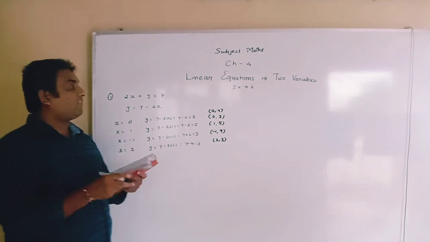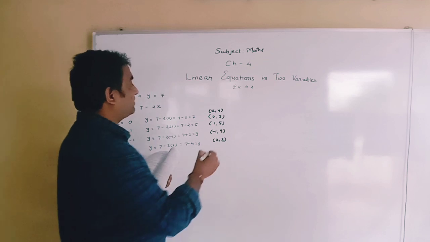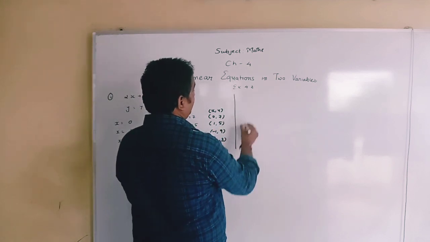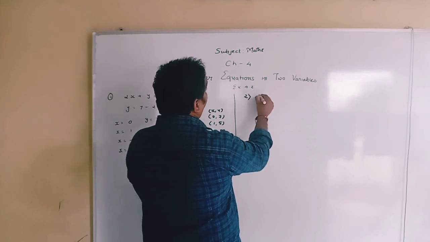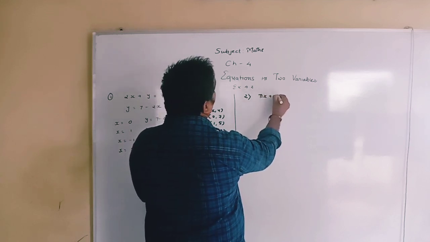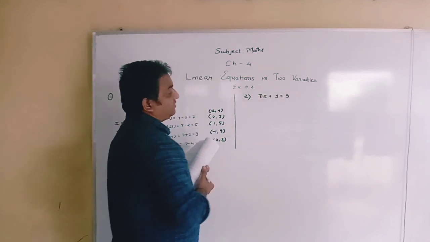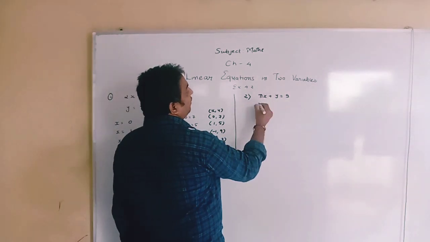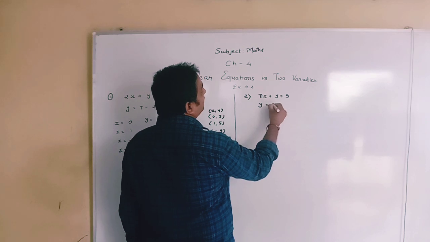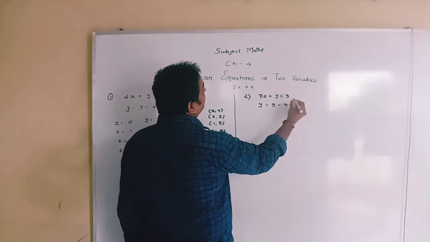Now the second equation is given to us: pi x plus y equals 9. So making y depend on x, y equals 9 minus pi x.